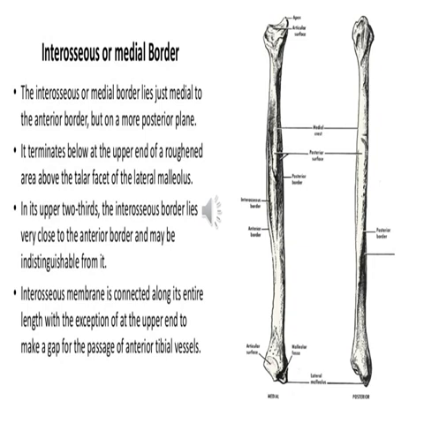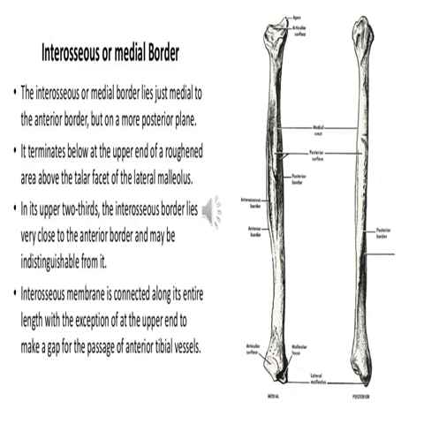The interosseous membrane is connected along its entire length, with the exception of the upper end, to make a gap for the passage of the anterior tibial vessels. As we know in the upper limb, between the radius and the ulna the interosseous membrane is there, and at the upper end there is a gap for the passage of the artery.